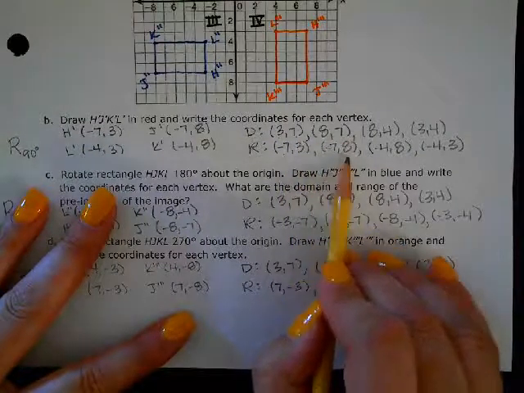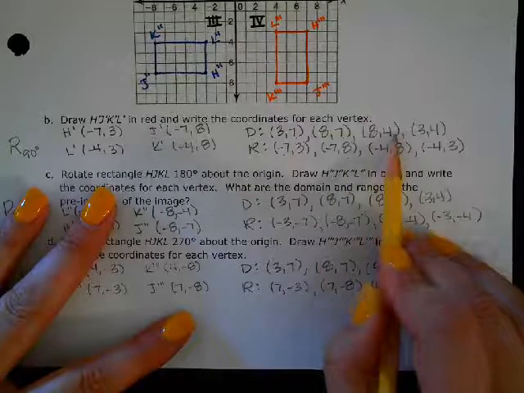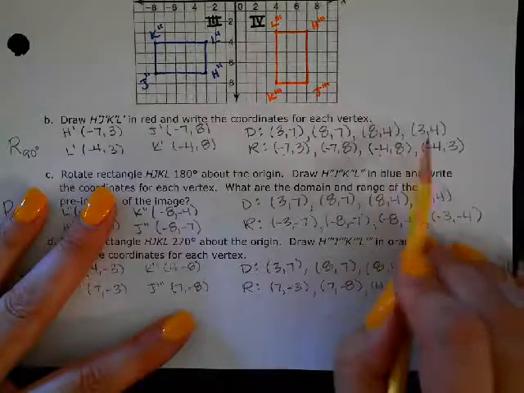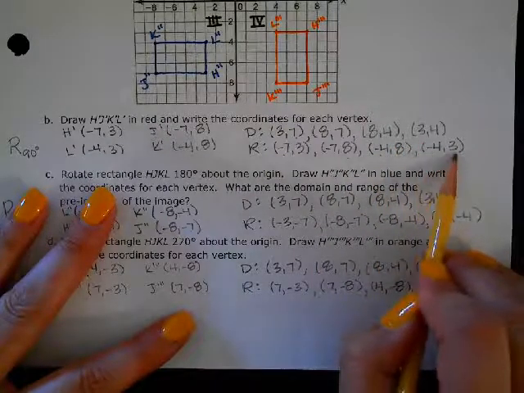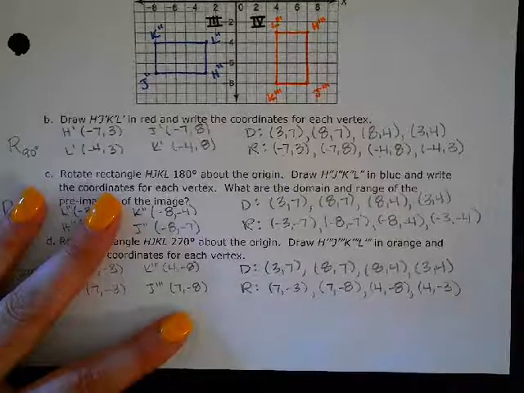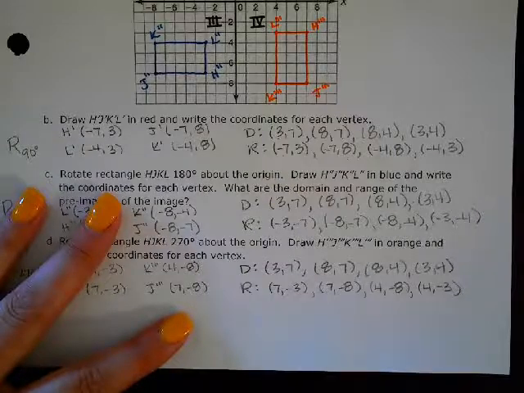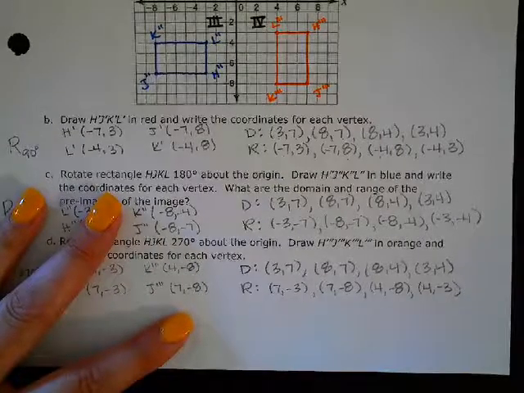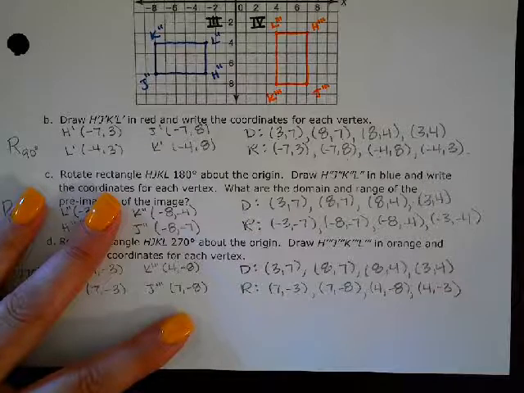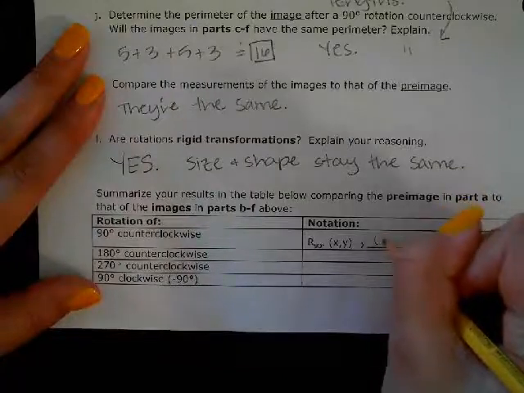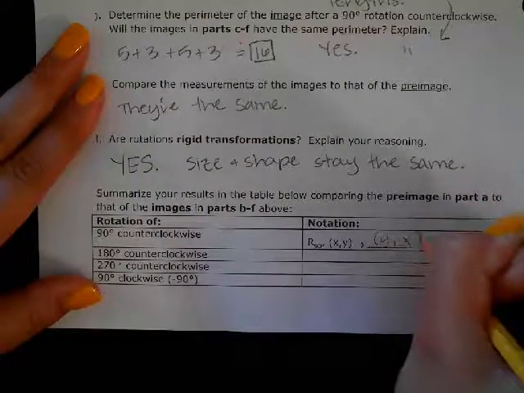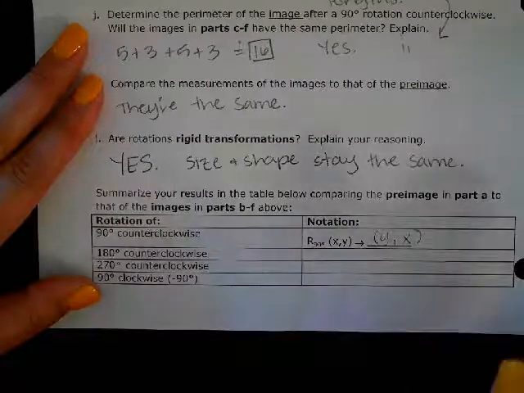So what happened? They switched places and there was a negative added. Okay, so they switched places. There's a y first and then an x. But what else happened? What changed? What became negative? The first number.